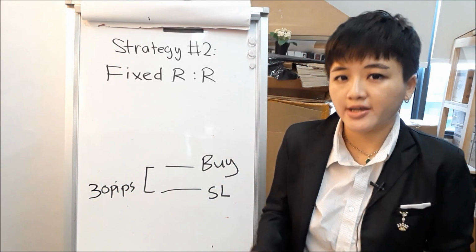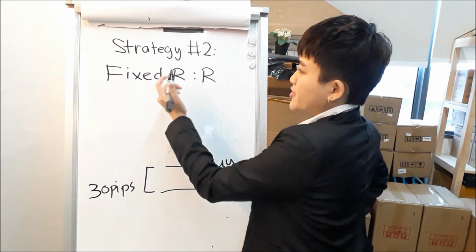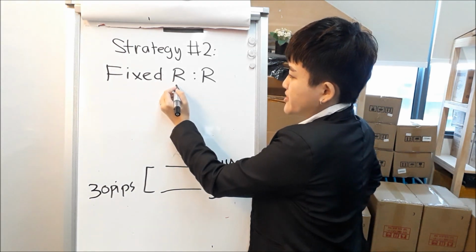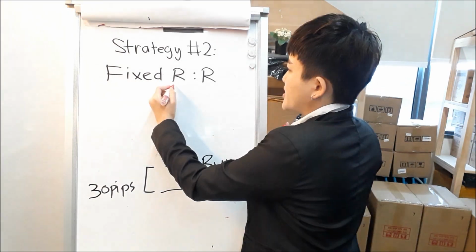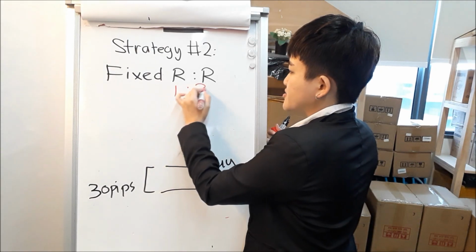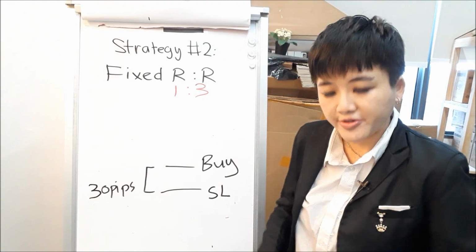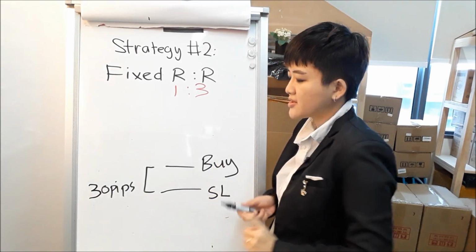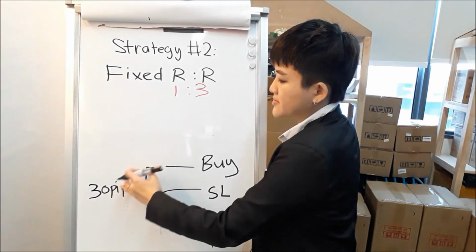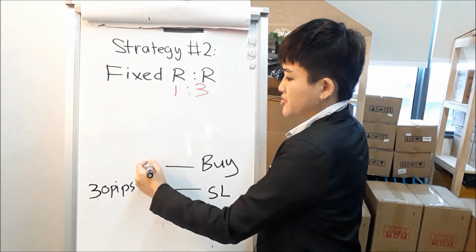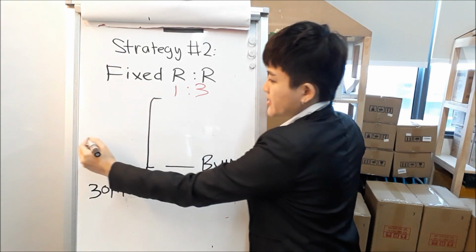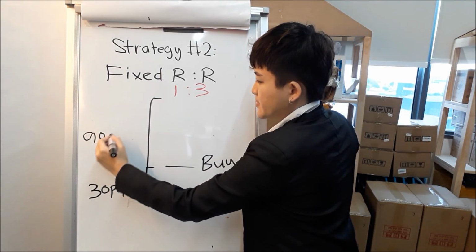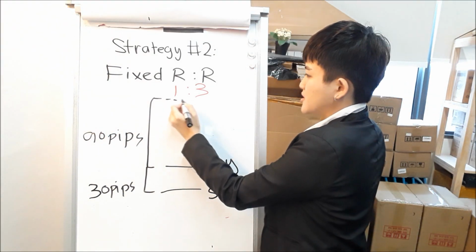And your trading plan tells you that every single time you open a trade, your risk to reward ratio has to be at least 1:3. So 30 times 3, my TP target should be how much? 90 pips.